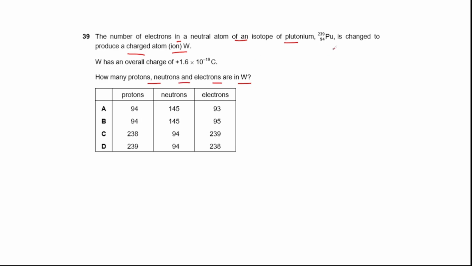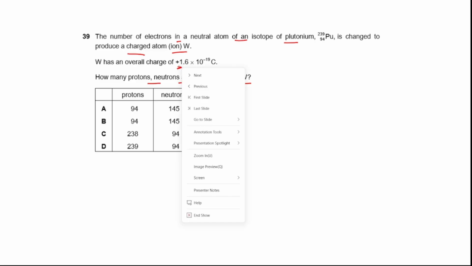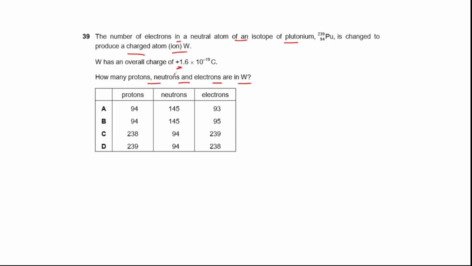It's given that the atom changes into an ion. An ion is formed when the atom has lost an electron or gained an electron. Here it has an overall charge of plus, which means it has lost one electron.